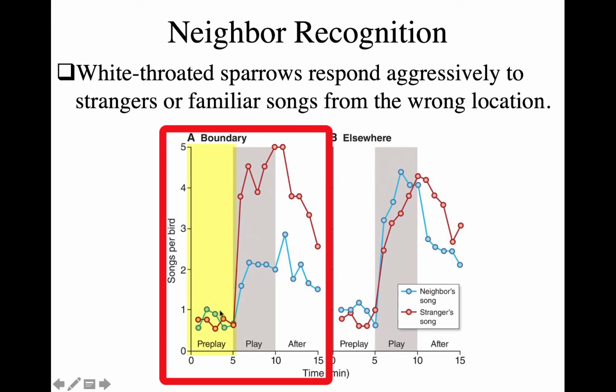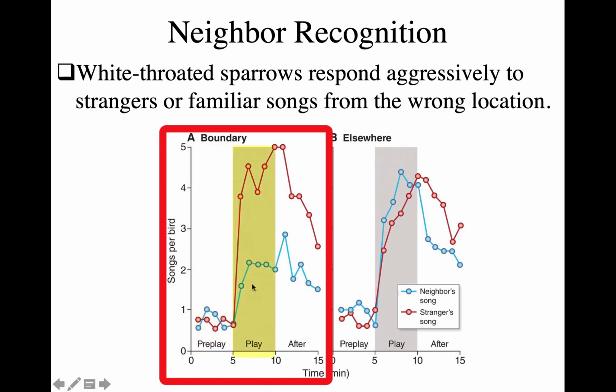Well, if you just look at the songs before the playback, there's occasional song, just a checking-in kind of thing, like, yep, this is my territory, here I am. And there's no difference between the trials in this pre-period, in the trials in which the neighbor song was subsequently used or the stranger song was subsequently used. So this is just indicating that the individuals were in the same basic kind of mood or mode in each of these trials.